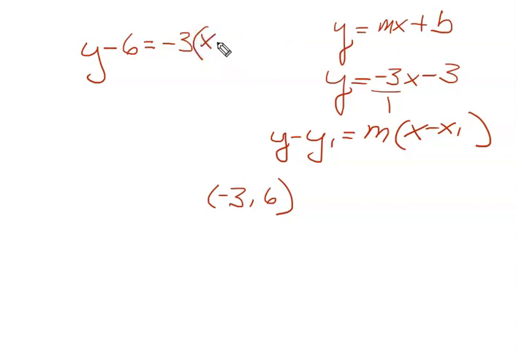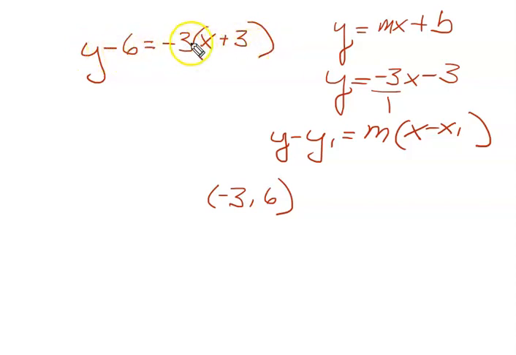Now minus is in the formula, but our x value is a negative 3. So minus a negative 3 would make this a positive 3. So we've taken this equation, picked out a point along the line, and wrote it in point slope form.